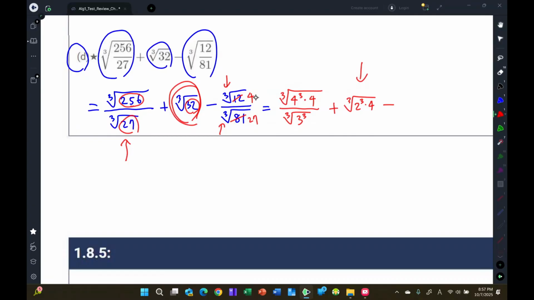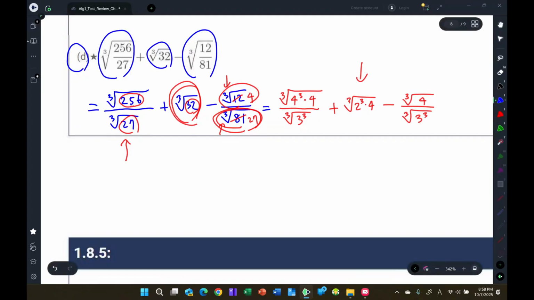So that's the same thing as cube root of 4 over cube root of 27. Well, cube root of 4, you can't really do anything about it. So it's still cube root of 4, but cube root of 27 can be rewritten as 3 cubed, right? So do you kind of see where it's going? Let me keep going a little bit.